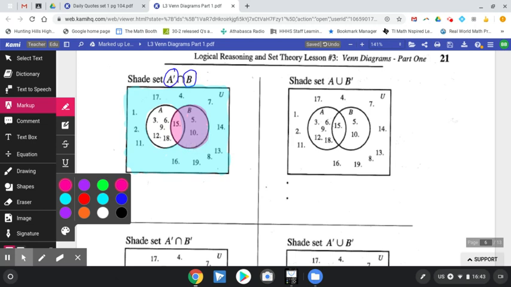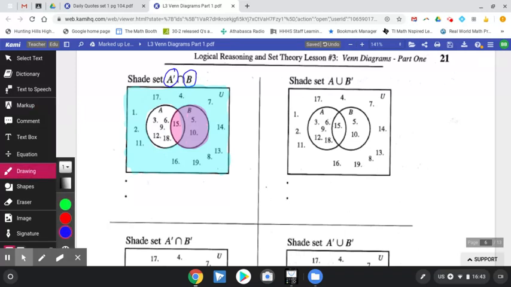So I've got the two regions shaded right now. And because I'm looking at intersection, I want to keep the part where the two regions overlap. So that means I have to go in there and do some erasing now. The overlap part is the only part I'm going to keep. Well, that erased a little weird, so hang on.